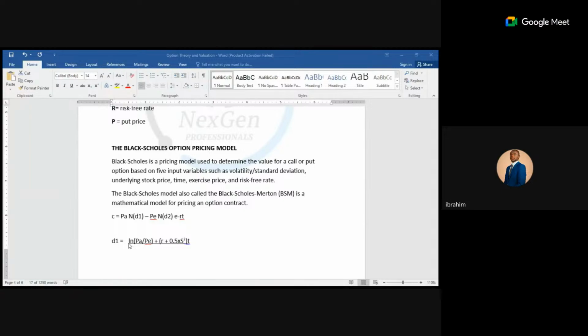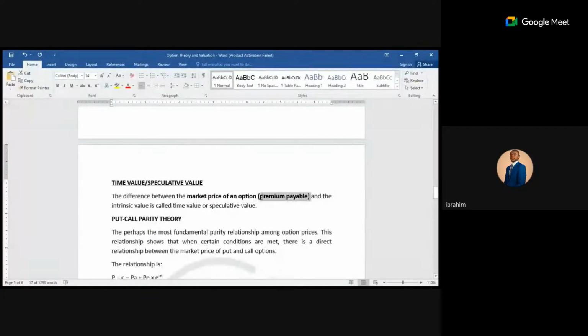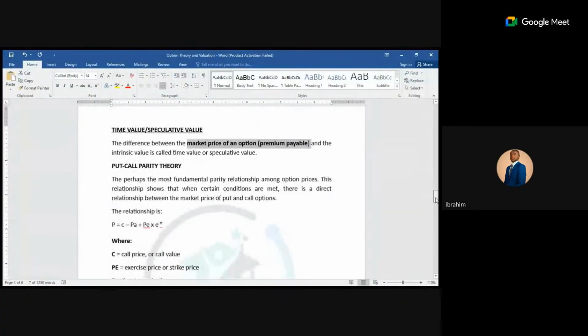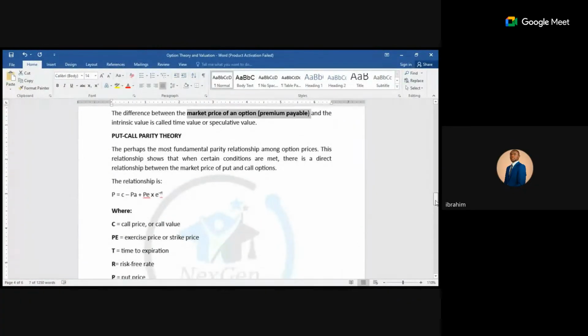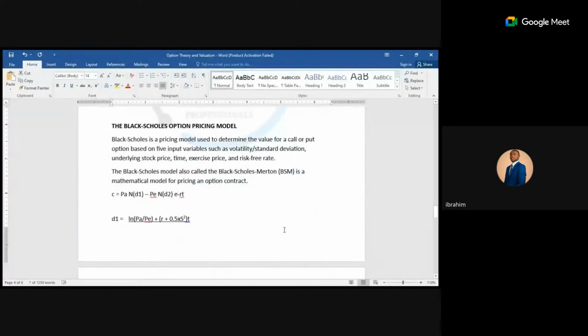Class, please pay attention. Sometimes the examiner may not give you the option premium. There was this question I saw on option pricing, and the option premium is not given. We have to do a walk back. We have to come back to the Black-Scholes model, option pricing, to determine the value of call option.